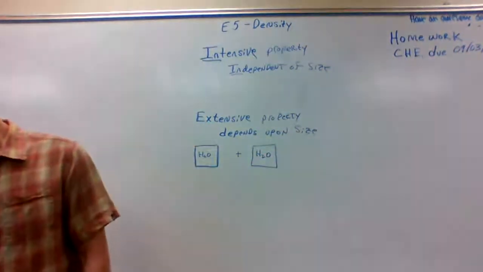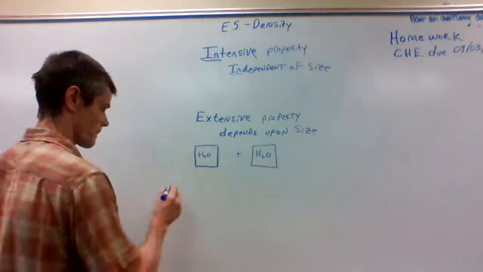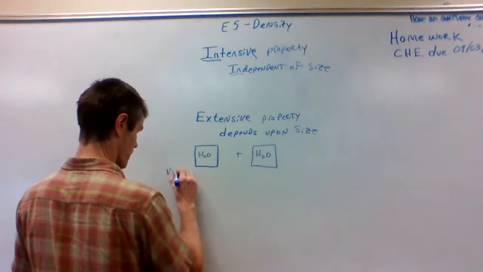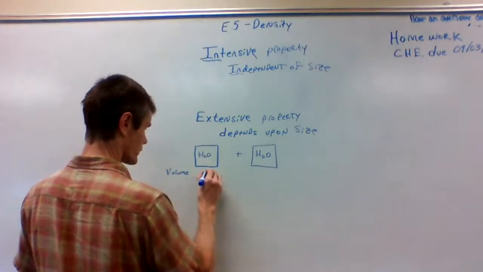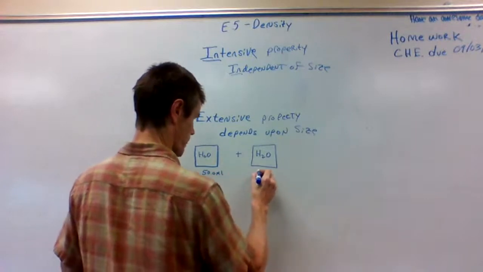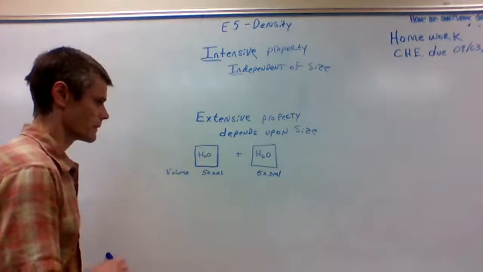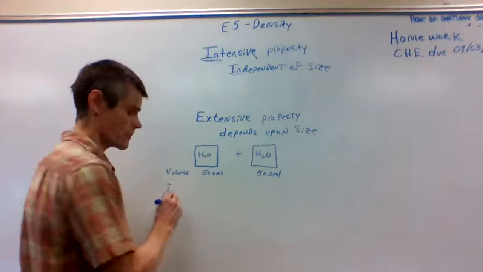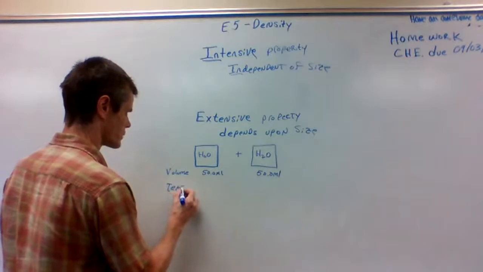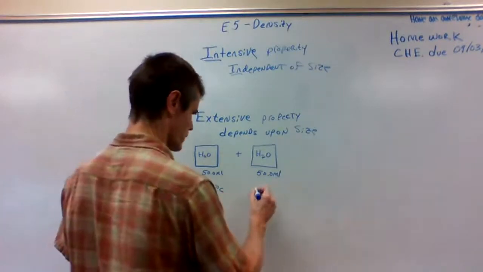And these 2 samples are 50 milliliter beakers, and that's its volume. Each of them is 50 milliliters. And another property of them is temperature. That's an important property, temperature. The temperature of each beaker is 20 degrees Celsius.